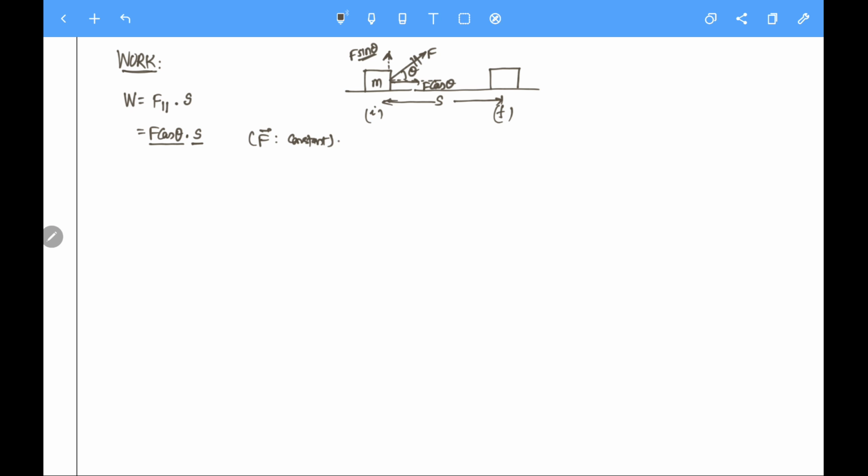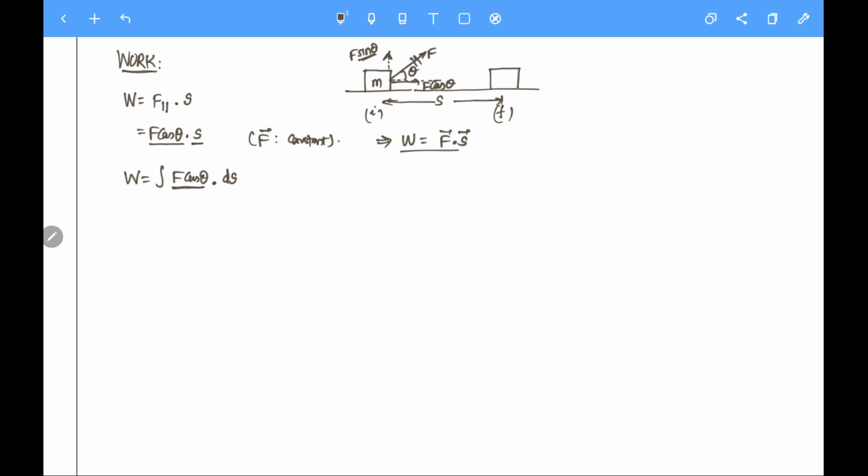But if force is variable, then we have to use the integration method, where we define work equal to the integral of F cos theta ds. This is the force acting for the very small displacement ds. So in general, F cos theta into s can be written as work equal to F dot s.